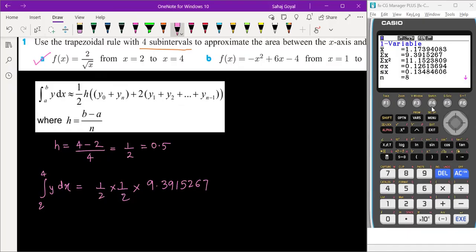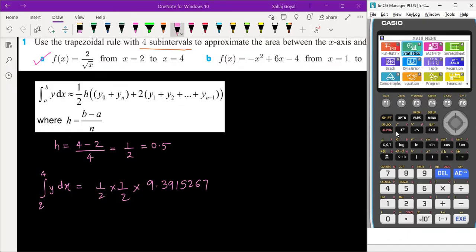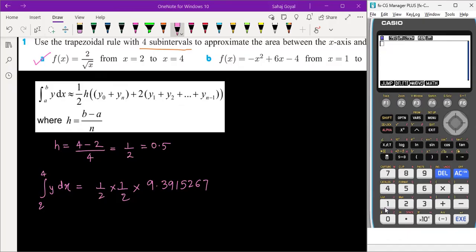Then you can go to run matrix and do the calculation. You can get the summation over here as well, but I will simply type it: 9.3915267 divided by 4. That's my answer.